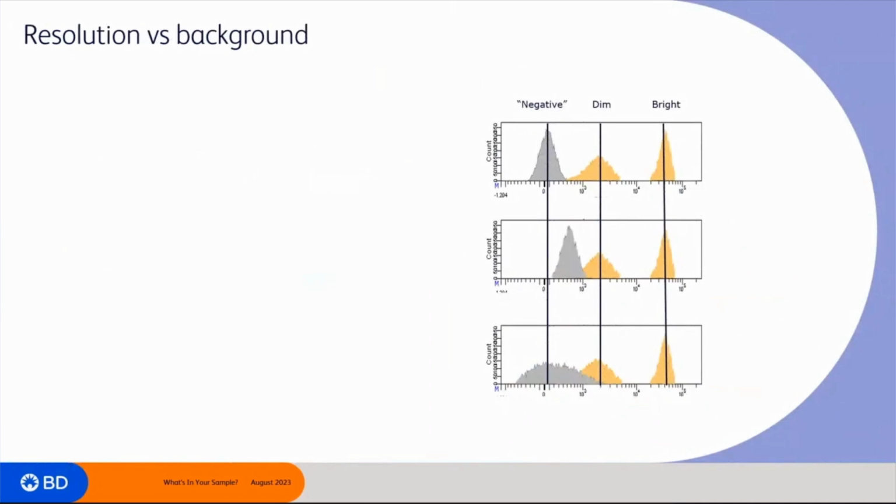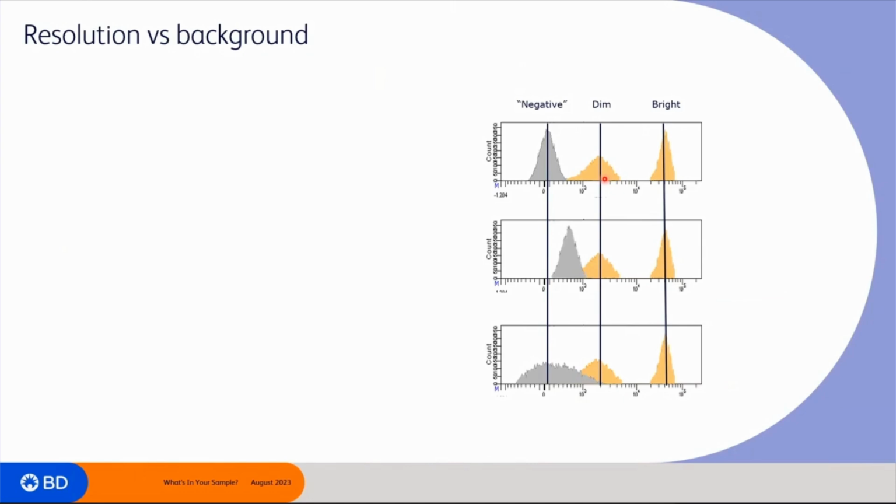So as with the example of CD8, resolving the bright population is very easy. But reality is not as rosy. You often have to deal with antigens with lower antigen density resulting in dim expression. So let's look at some scenarios where things have an impact on resolution of a dim population.